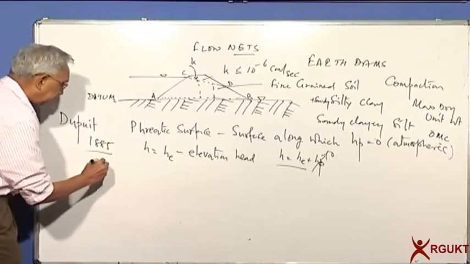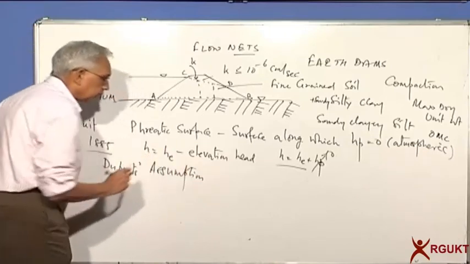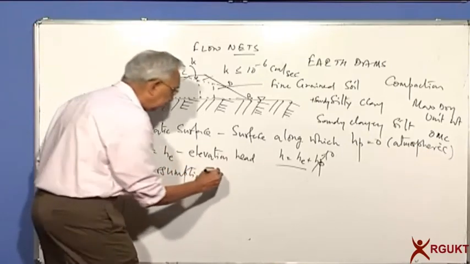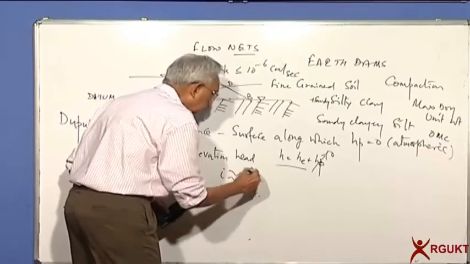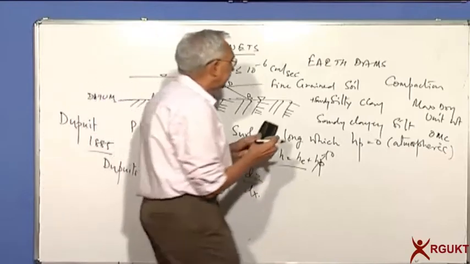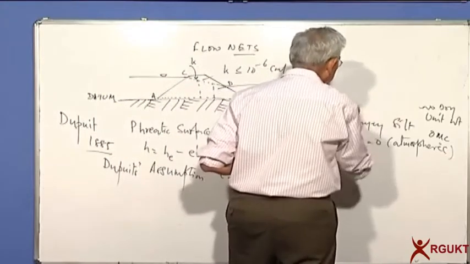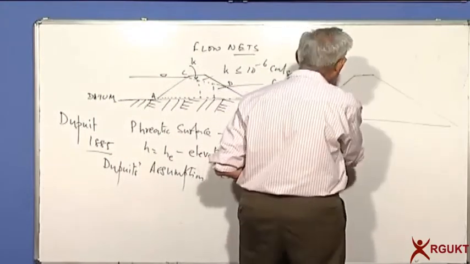It's called Dupuy's assumption, which says I is equal to, so let me draw this in a slightly enlarged fashion.